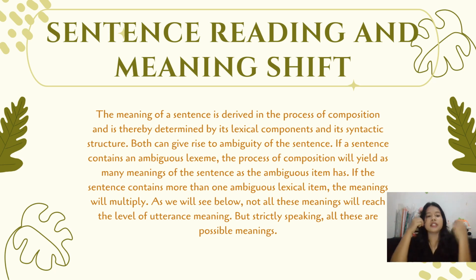If a sentence contains an ambiguous lexeme, the process of composition will yield as many meanings of the sentence as the ambiguous item has. If the sentence contains more than one ambiguous lexical item, the meanings will multiply. As we will see below, not all of these meanings will reach the level of utterance meaning, but strictly speaking, all of these are possible meanings.